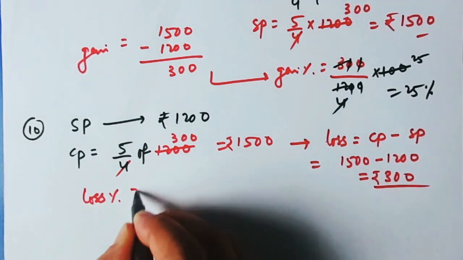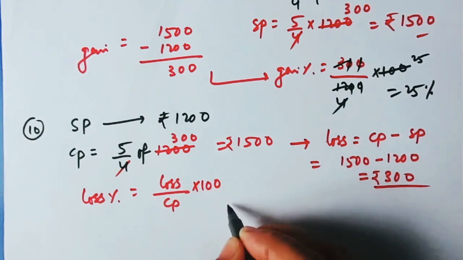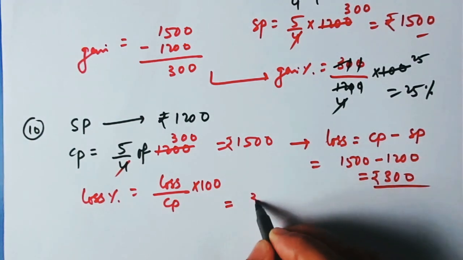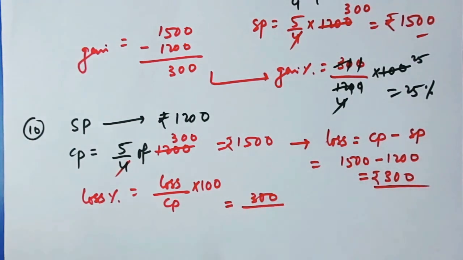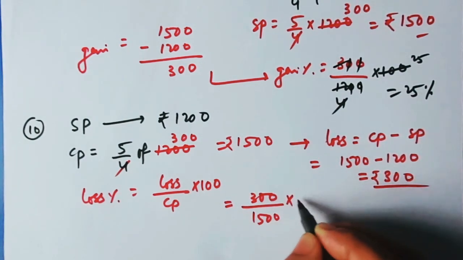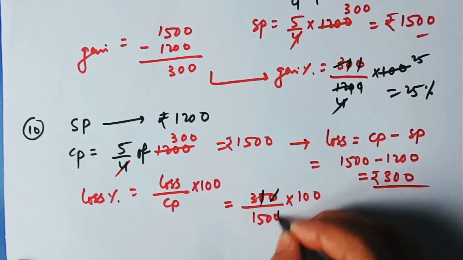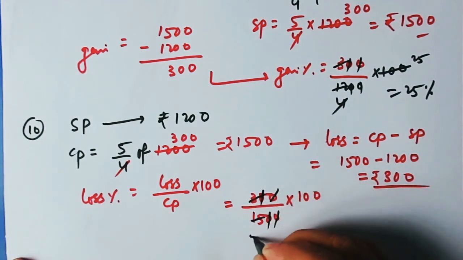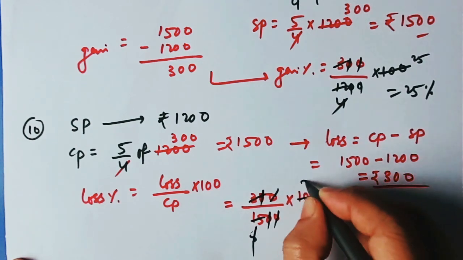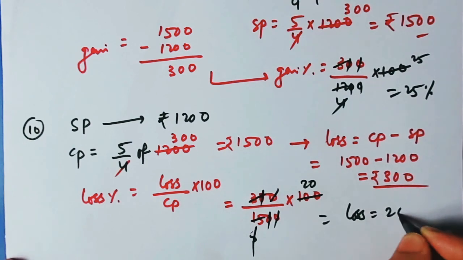Loss percent is equal to loss by CP into 100. Loss is equal to 300. Loss by CP, 1500, into 100. So here you will find that 3 5s are 15 and 5 2s are 10, so loss is equal to 20%.